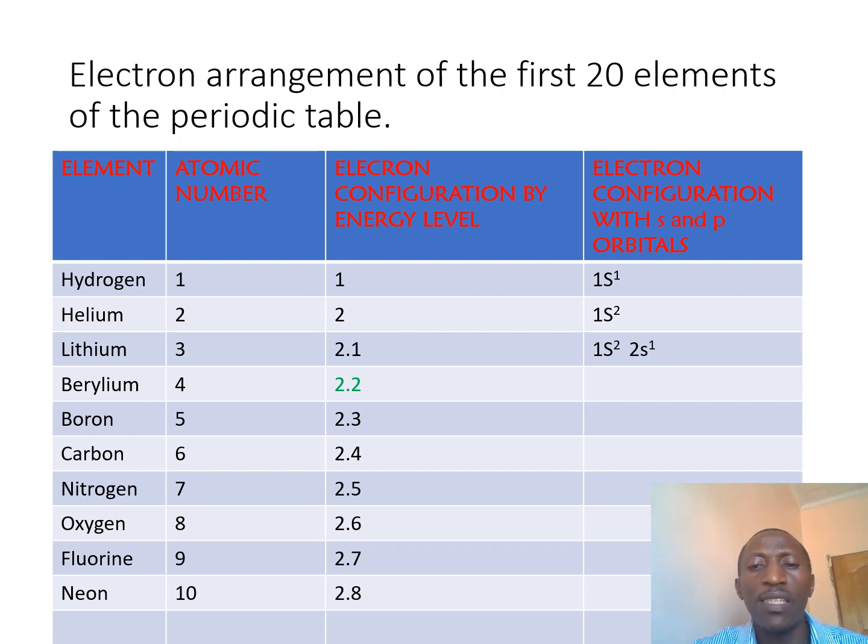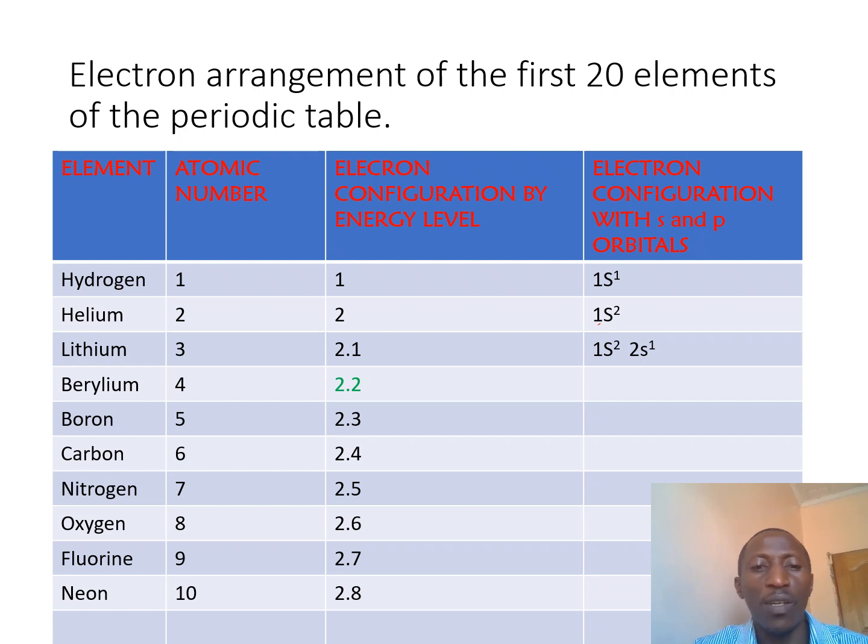That means its electronic configuration will be 1s1. Helium with 2 electrons takes 1s2. The 2 electrons are placed in the first energy level only.